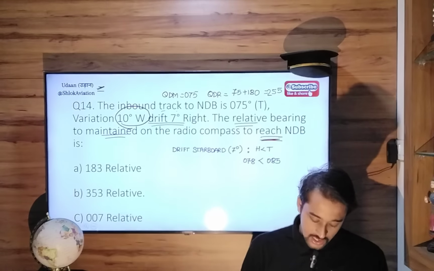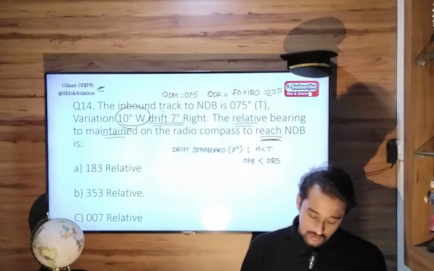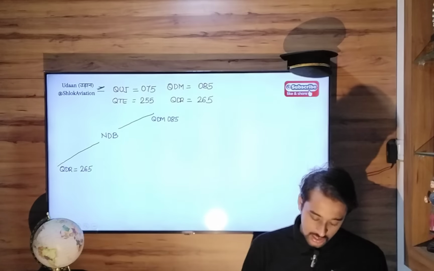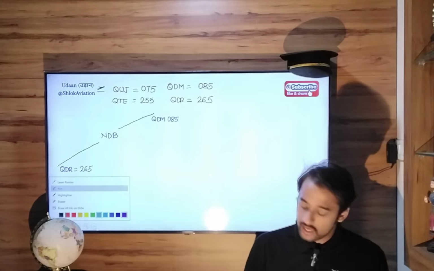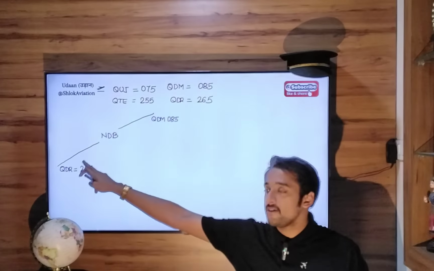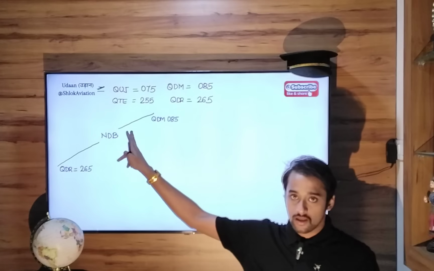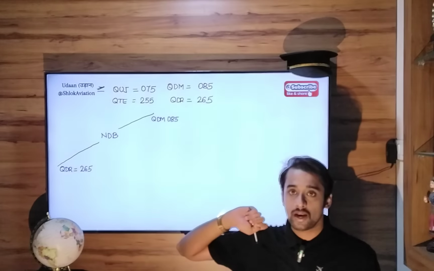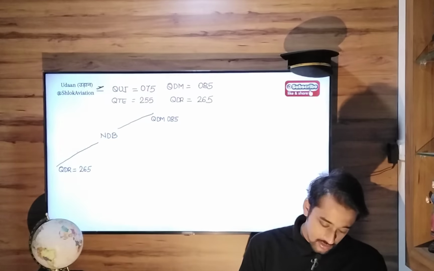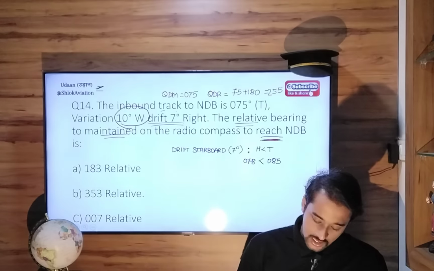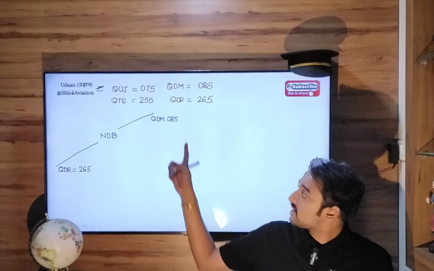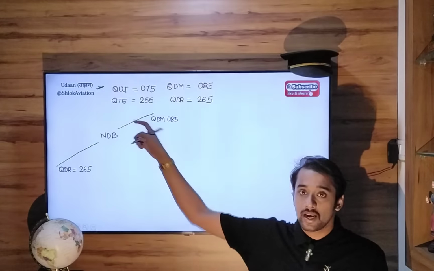Heading is 078. So let's draw this. You are currently on track 265, heading towards NDB, which is 085 track, and heading is 078. So 078 is somewhat less than 085.